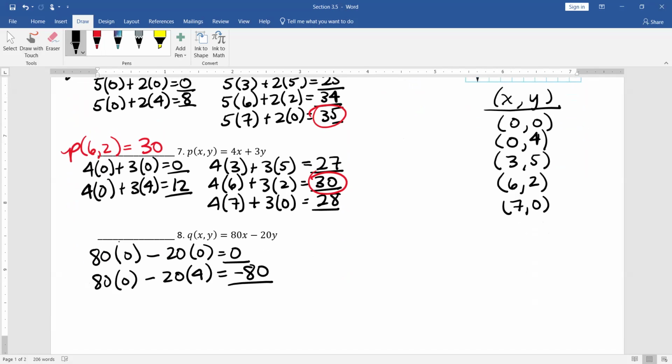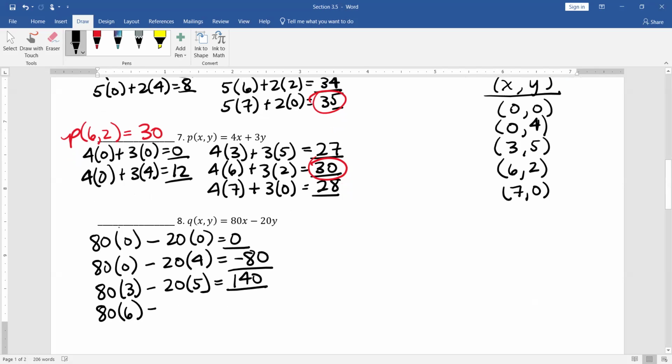So this is a situation where you could possibly have 0 as your maximized, but I think we should find something else that works here. 80 times 3 minus 20 times 5 is 240 minus 100. So that gives me 140.